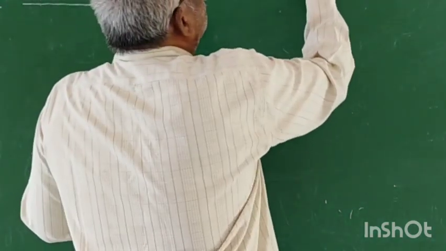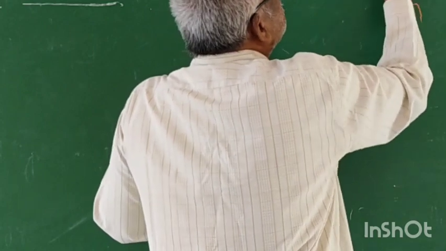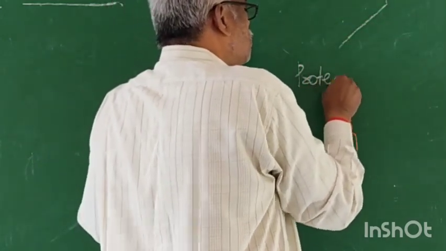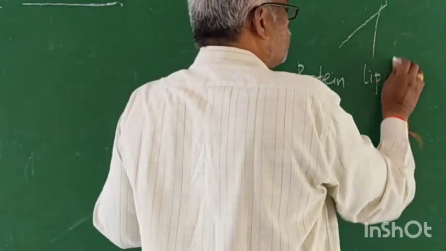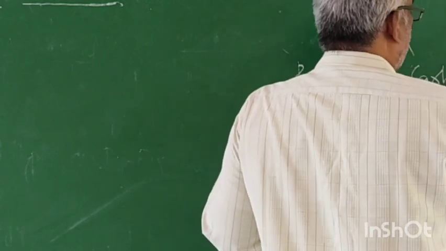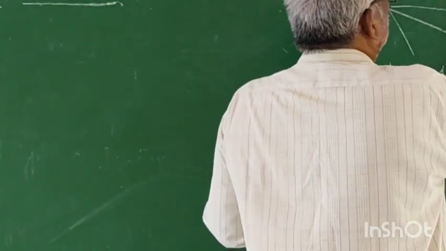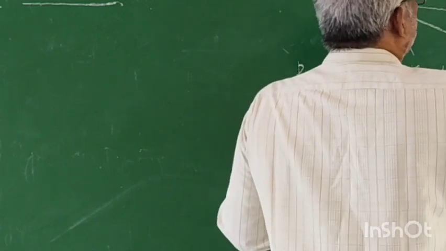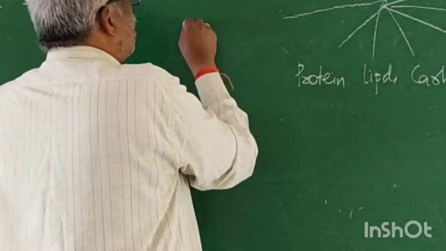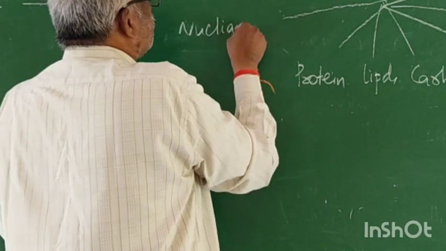Now, our food contains nutrients: proteins, lipids, carbohydrates, vitamins, minerals, water, and nucleic acids.